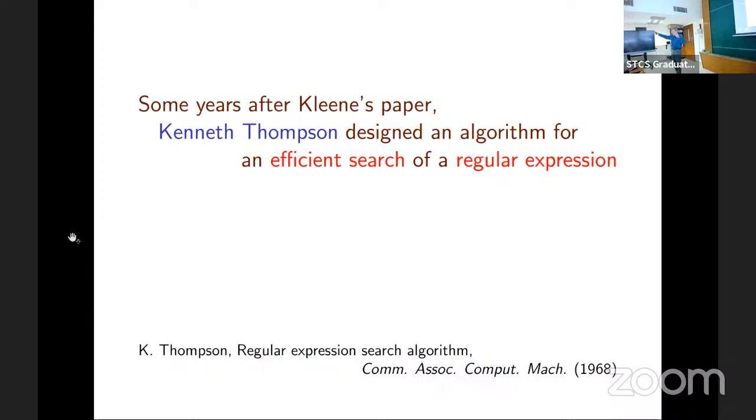You have a regular expression, and given a word you want to see whether the word belongs to the language denoted by the regular expression. Unix makes very much use of regular expressions, and it was a very important feature in the very beginning of the Unix system to be able to deal with regular expressions.